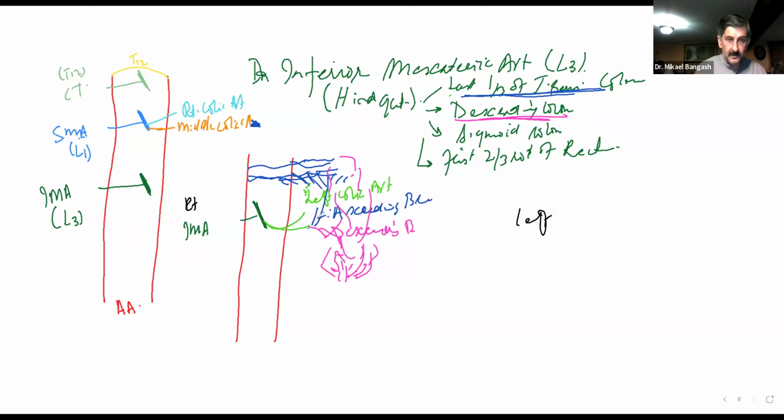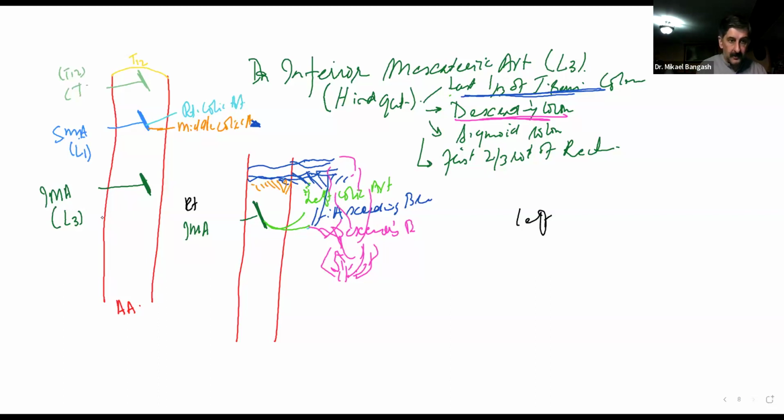The ascending branches of your left colic artery, what did they supply? The last 1/3 of your transverse colon, right? The first 2/3 of your transverse colon was supplied by the middle colic artery.